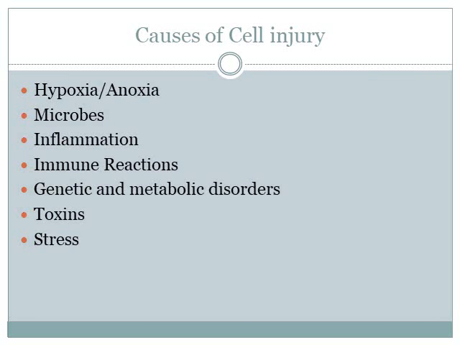Now, the nuts and guts of the big cellular injuries can be listed with these ones. Hypoxia or anoxia is obviously a big cause of cellular injury. That is low or absence of oxygen within the cell. Microbes we could spend a lot of time talking about because they're the basis of not all disease, but a lot of disease processes. Inflammation alters cells and usually results in cellular death.